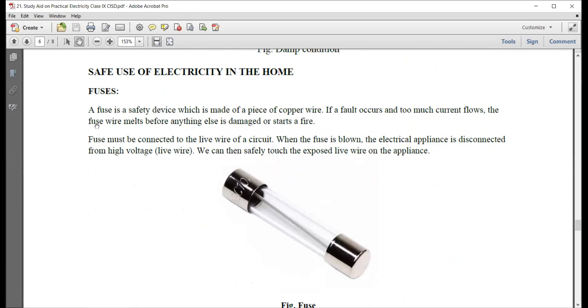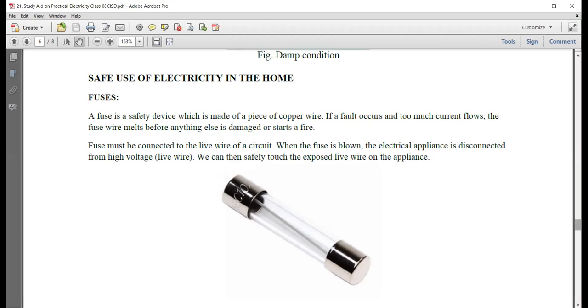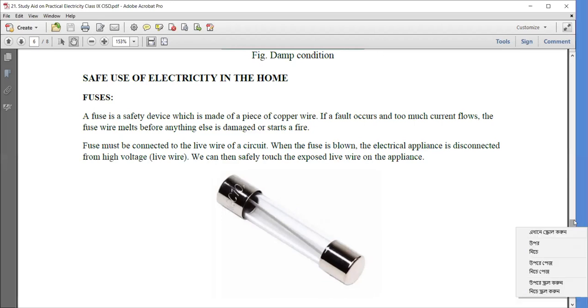A fuse is a safety device which is made of a piece of copper wire. If a fault occurs and too much current flows, the fuse wire melts before anything else is damaged or starts a fire.